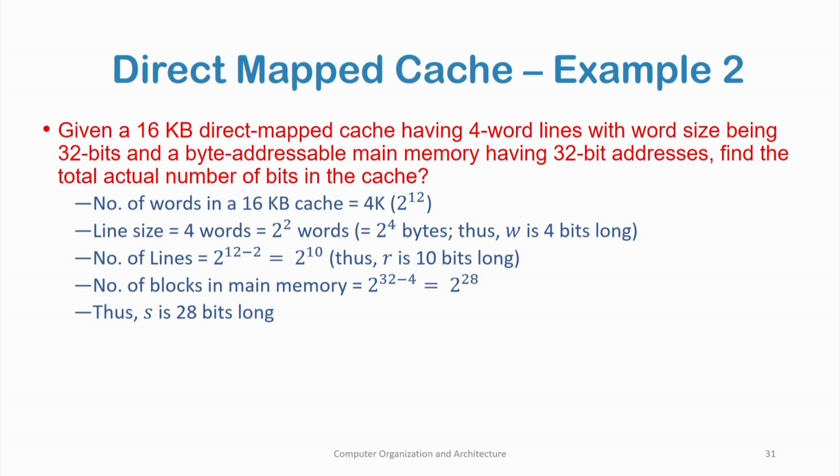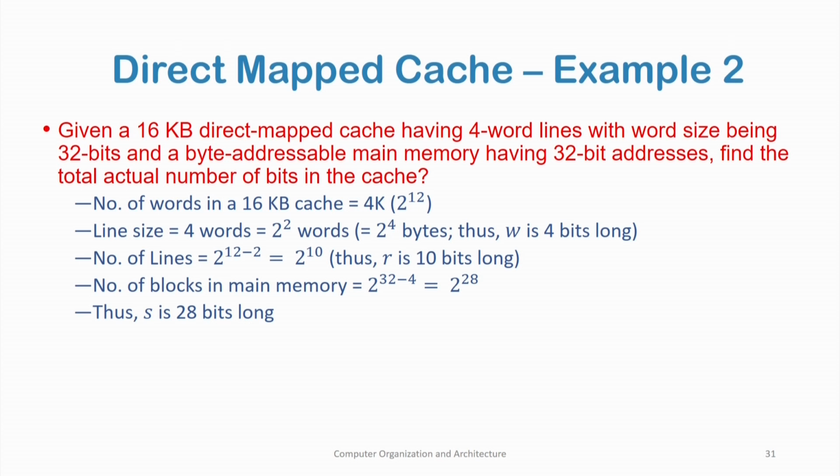The number of blocks in main memory: the total number of bytes in main memory is 2 to the power 32. Each block contains 2 to the power 4 bytes.